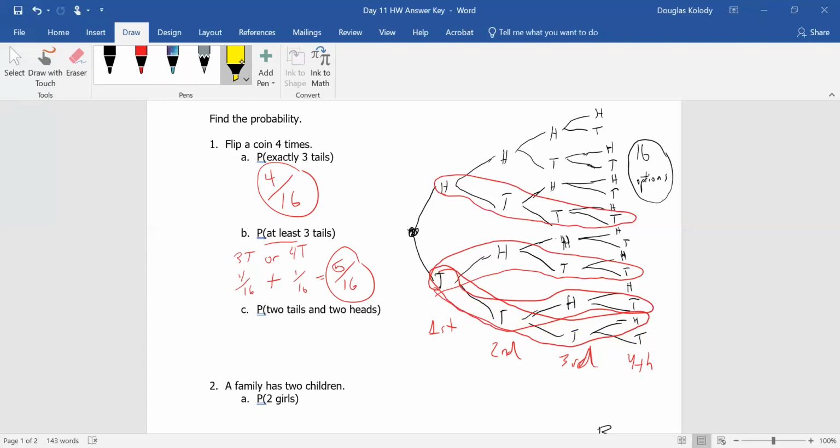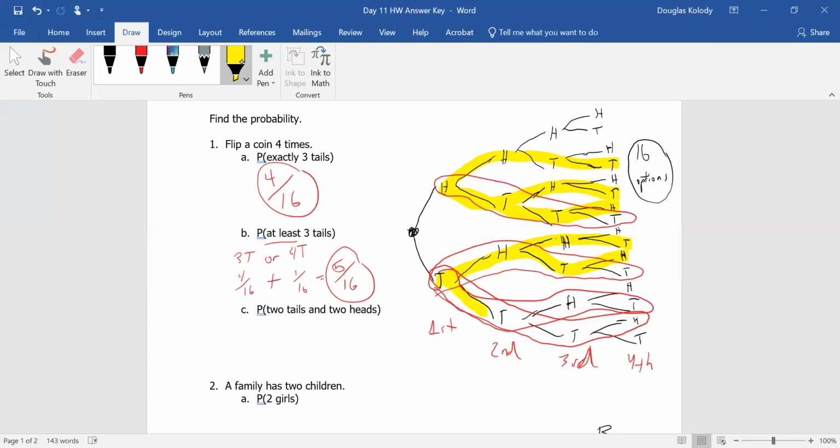Right off the bat, I see heads, heads, tails, tails. I see heads, tails, heads, tails. I see heads, tails, tails, heads. And what else do I see? I see tails, heads, heads, tails. I see tails, heads, tails, heads.